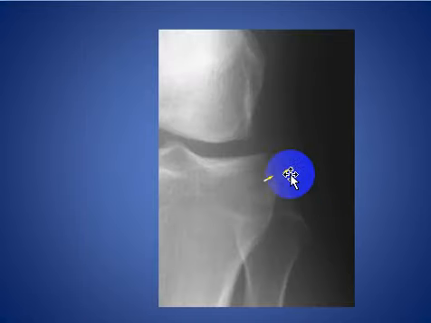Here we have Segond fracture or Segond sign. This small tibial avulsion fracture indicates an anterior cruciate ligament tear.